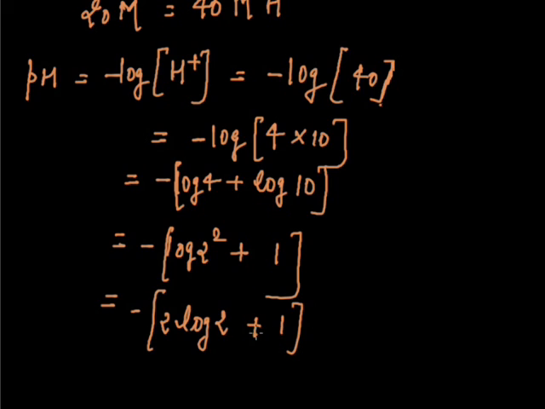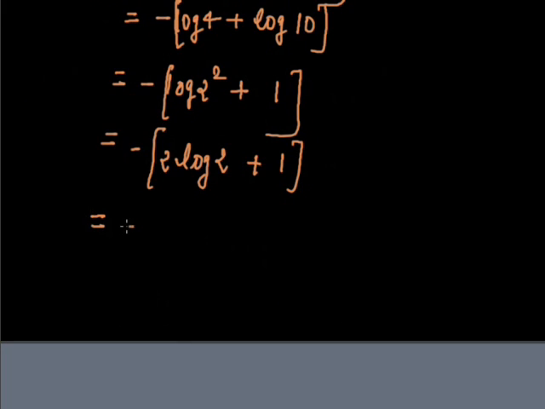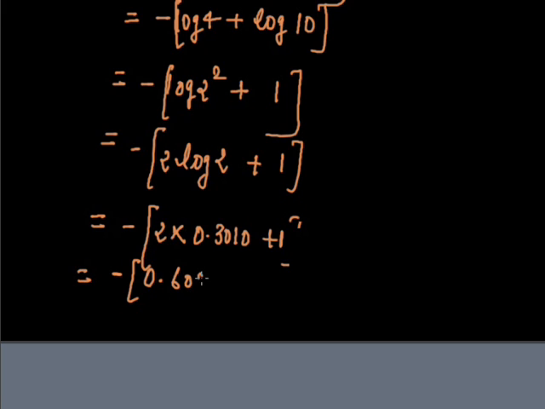This is equal to minus 2 into 0.3010 plus 1, which comes out to be minus 0.6020 plus 1.